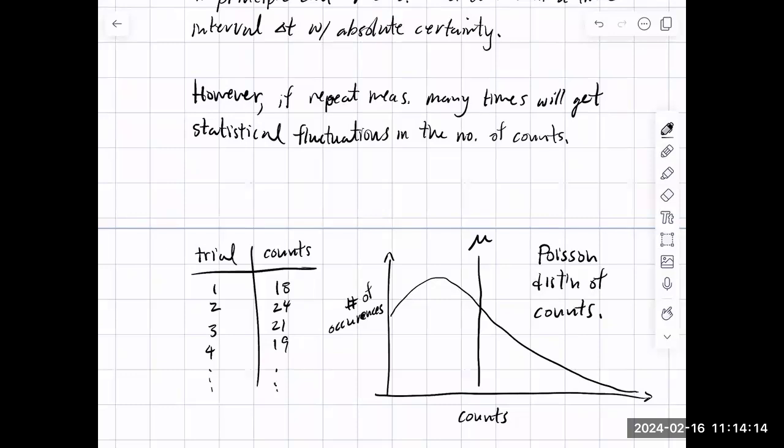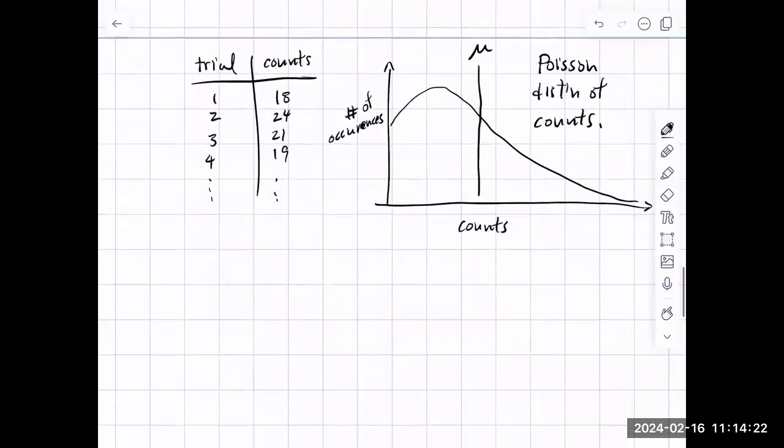I don't know that because I haven't done the experiment 1,000 times, but it's what I'm going to do, okay, for practical reasons. Okay, so here we would get also that the standard deviation of the mean is sigma equal to square root mu.